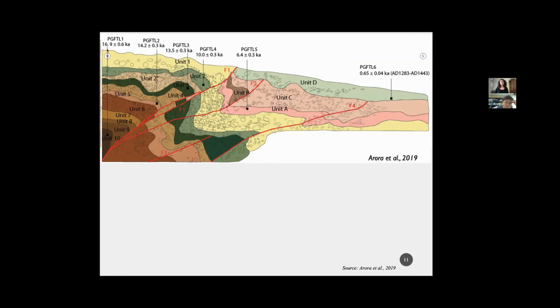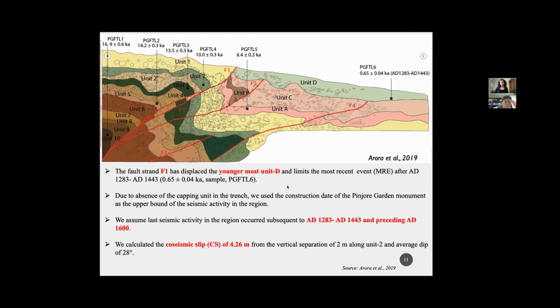But we could not find any capping unit in this trench. So for the upper bound of the most recent event, we used the construction date of a monument. This monument was built on the scarp of this fault. It is a masonry structure made from bricks and cement, and it shows no earthquake-related damage.